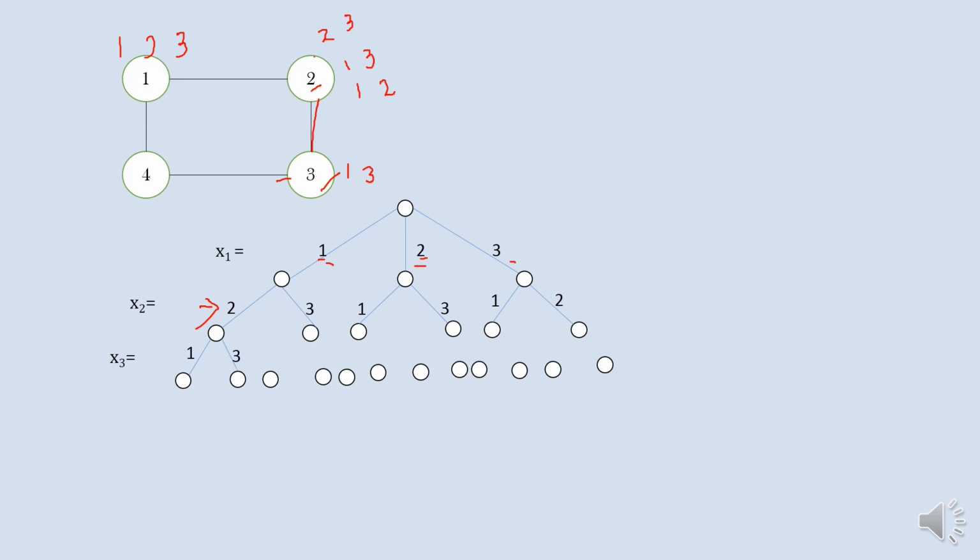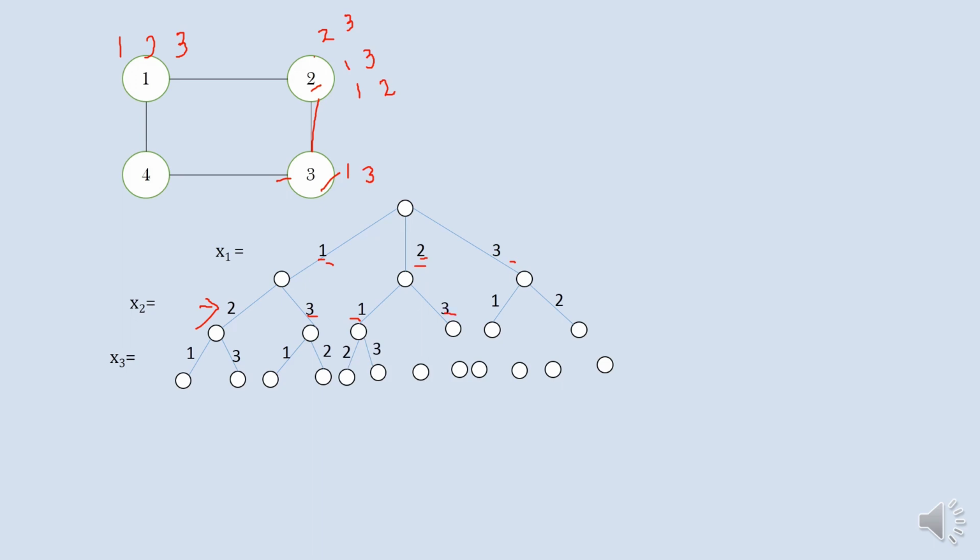So we have 1 or 3. If vertex 2 is assigned the color 3, then vertex 3 can be colored with either 1 or 2. If vertex 2 is given the color 1, then vertex 3 can be given the colors 2 or 3.